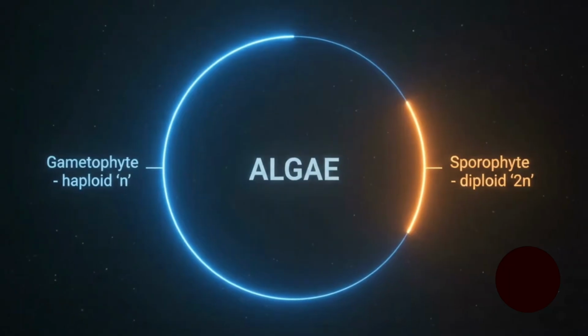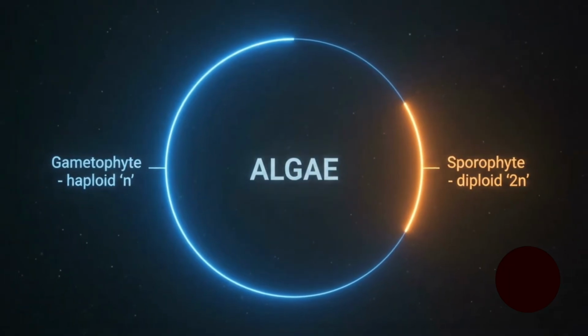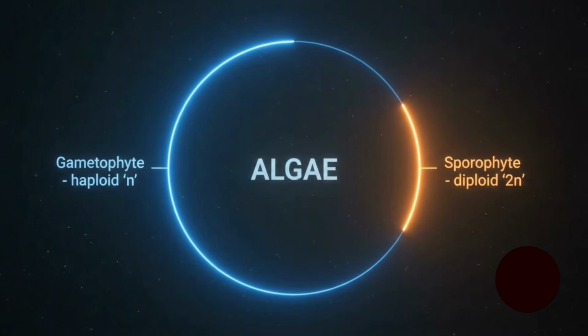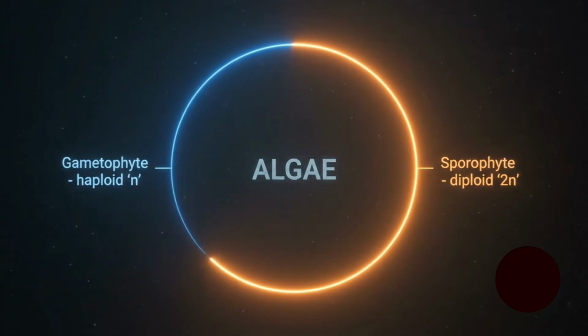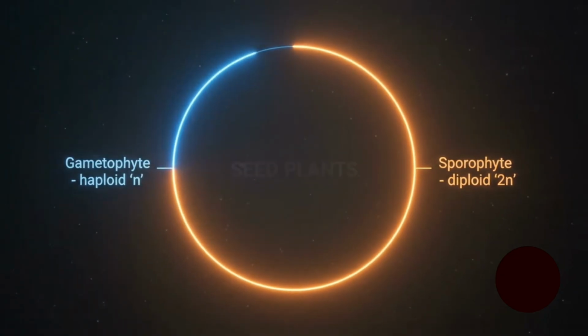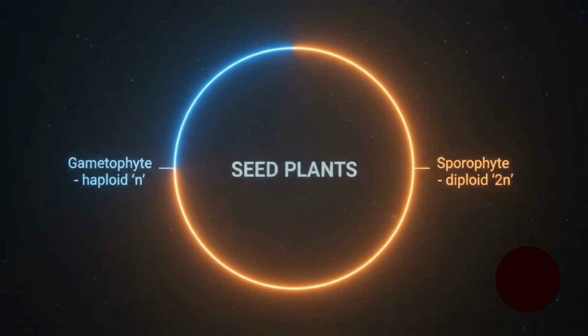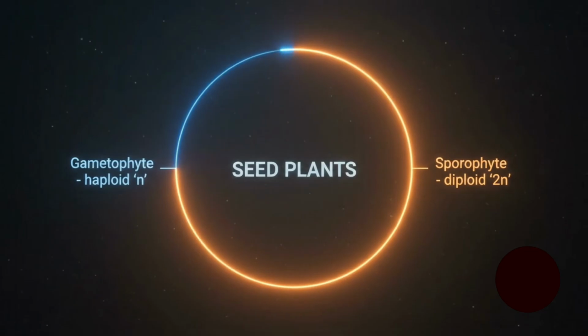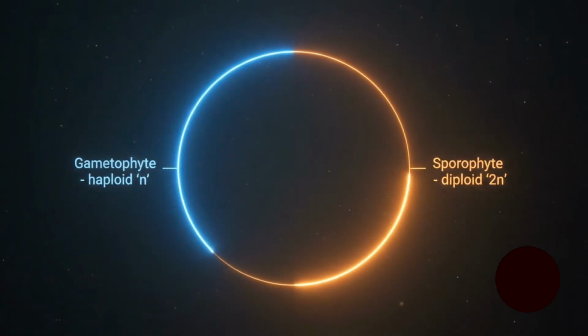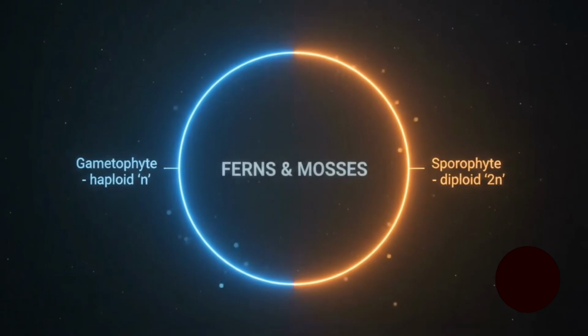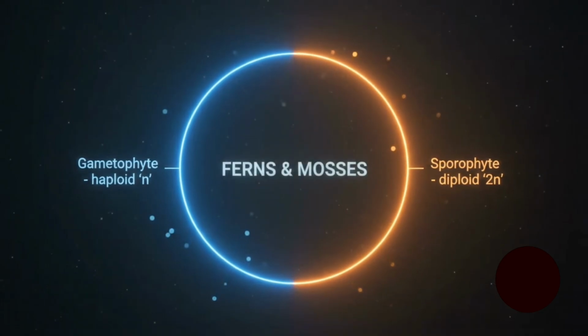Algae spend most of their life as haploid gametophytes, a haplontic life cycle. Seed plants like angiosperms are dominated by the diploid sporophyte, a diplontic cycle. And the bryophytes and pteridophytes sit right in the middle, displaying a haplodiplontic life cycle.